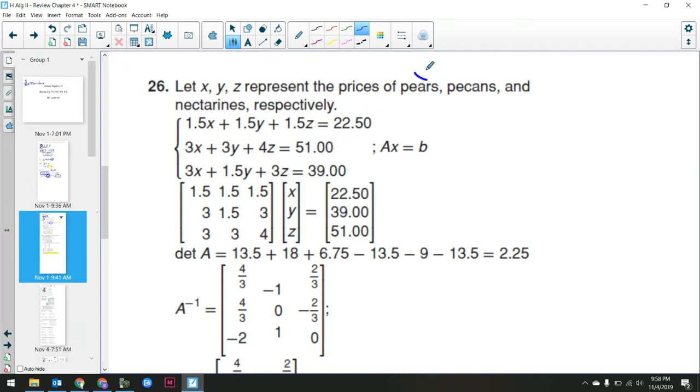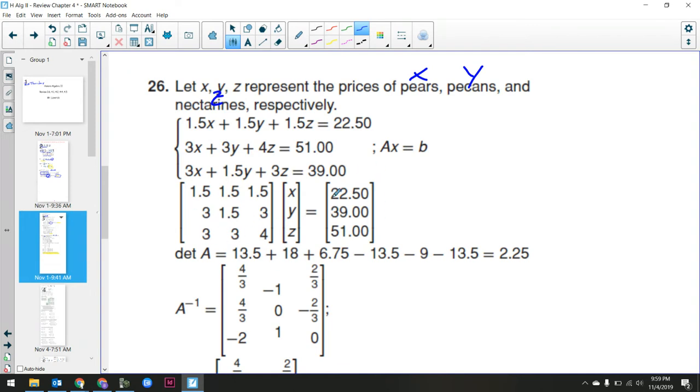So this is X, this is Y, and this is Z. So each pack has a price, and each pack also has an amount of pounds of each one, right? So the first pack is 1.5x plus 1.5y plus 1.5z is equal to 2250. Here's my next pack. Here's my last one. So what we can do here is remove all of the coefficients and make this guy.